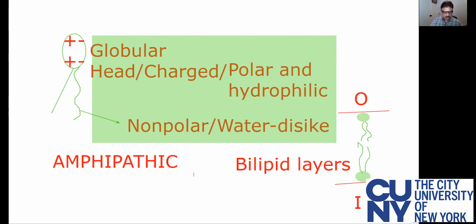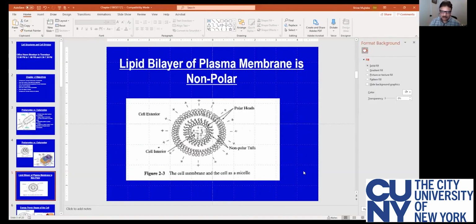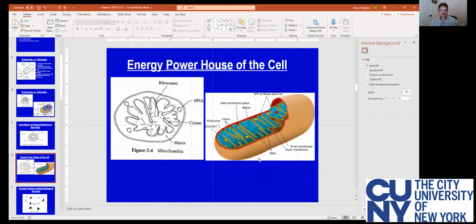So let's go to the last topics. I mentioned that this chapter I'll be teaching in two small sessions. One would be cellular structure, the second lipids, the third would be mitochondria, and the fourth will be enzymes.